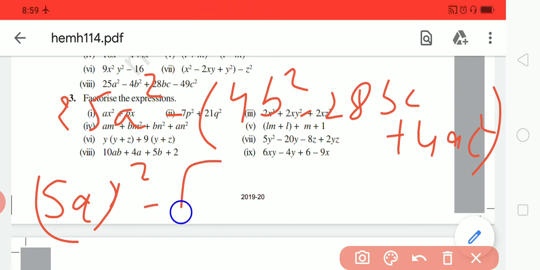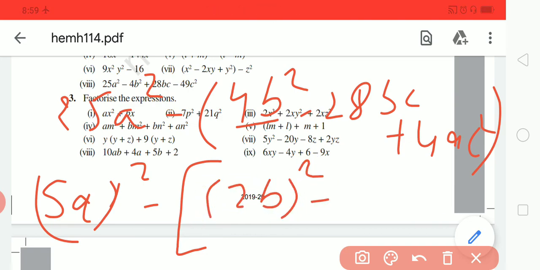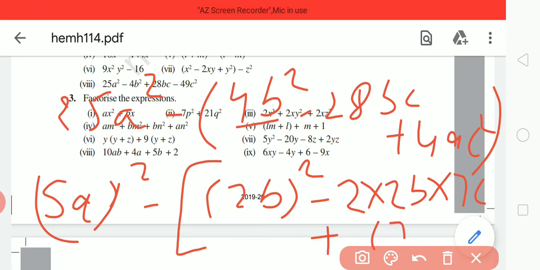So minus, you can see here if we form the identity, this is (2b) whole square. 28bc can be written as 2 into 2b into 7c, right? And 49c square can also be written as (7c) square. So let us check. This is a square plus b square minus 2ab. So this whole bracket becomes (2b minus 7c) whole square.